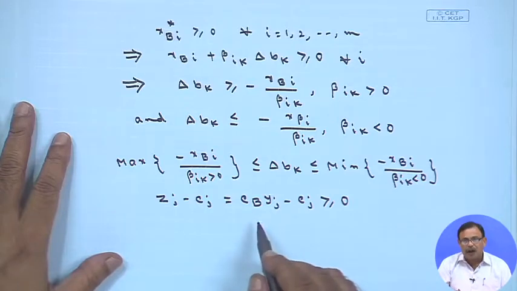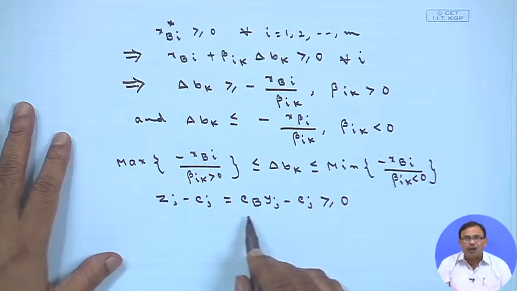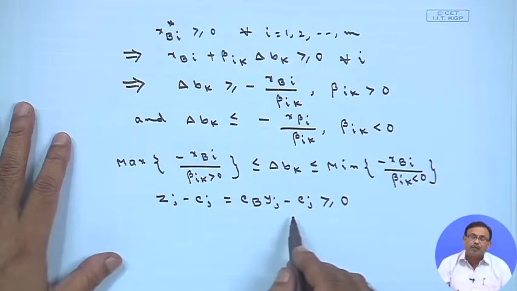Your optimality condition will never change, but the feasibility condition may change if the value of the vector b does not lie in that range, that is, between the maximum of that and the minimum of that.